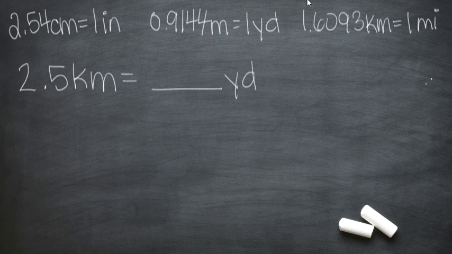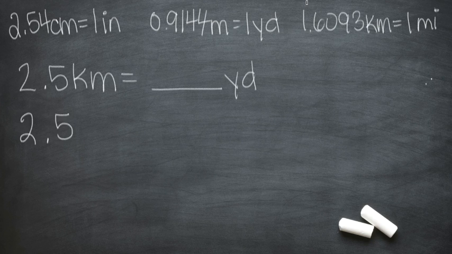Here's another example of where we're going to need to do a conversion within the system first and then convert between the systems. So we have 2.5 kilometers and we want that in yards. Once again, we don't have kilometers and yards together, so we need to move to a unit that we can get between those two. So I like doing the metric conversion, so I'm going to do that first.